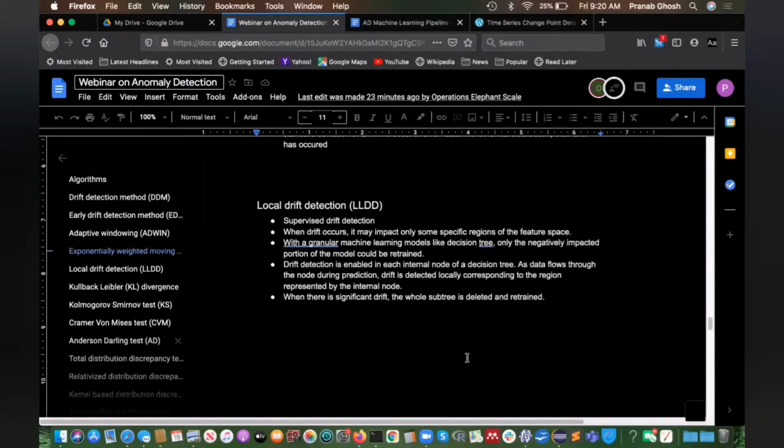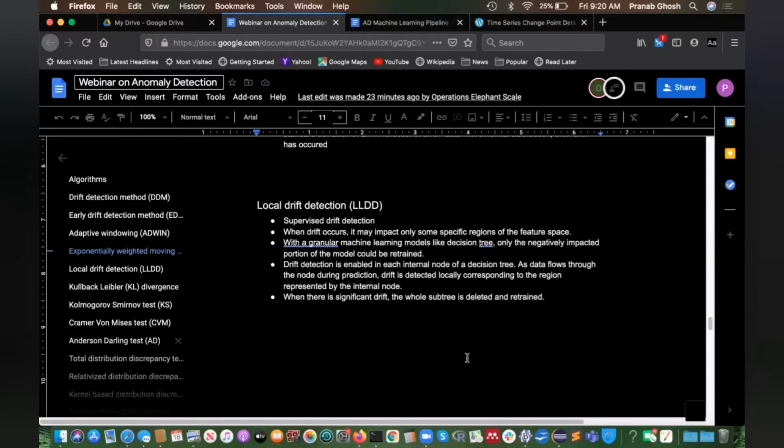But with this, for example, you may have a decision tree, and at each internal node of the tree, you can enable a drift detector. And whenever drift is detected for some node, you essentially remove the whole subtree under that node and just rebuild that portion of the decision tree.